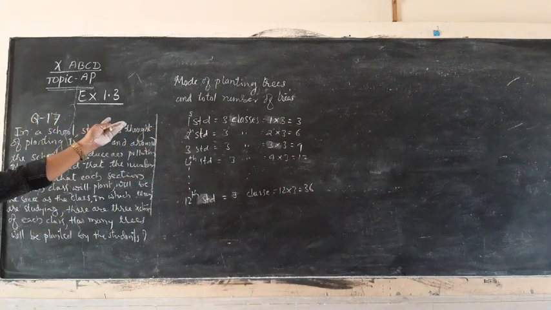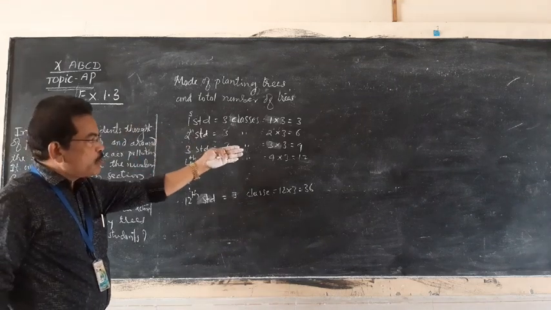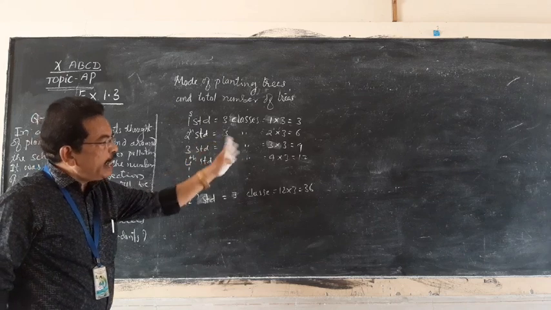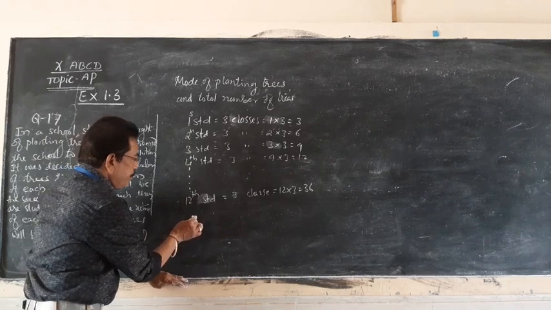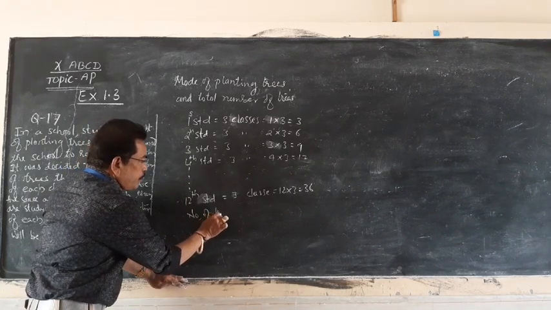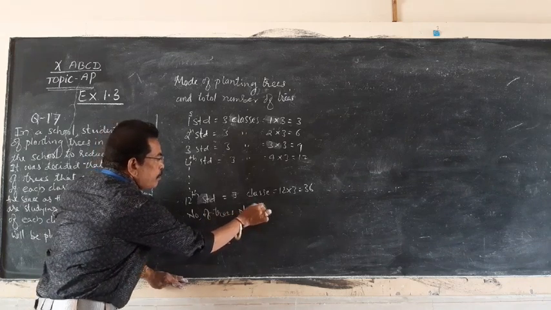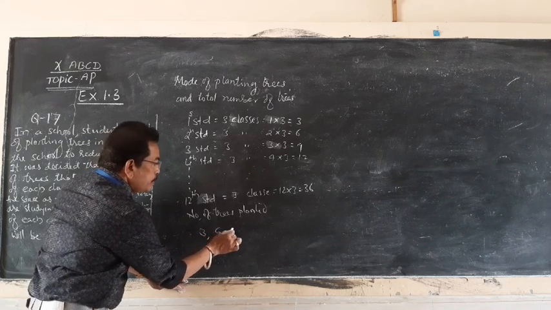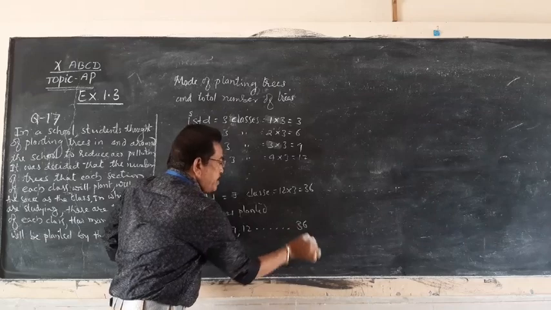If we observe the number of trees planted by the students, it obviously appears to be an AP. That means a pattern: 3, 6, up to 36.